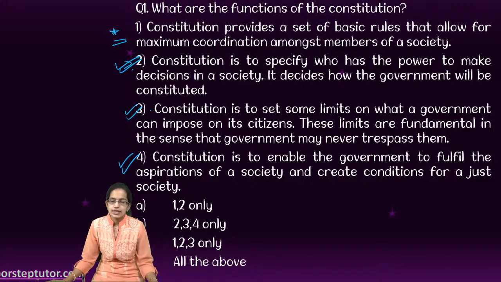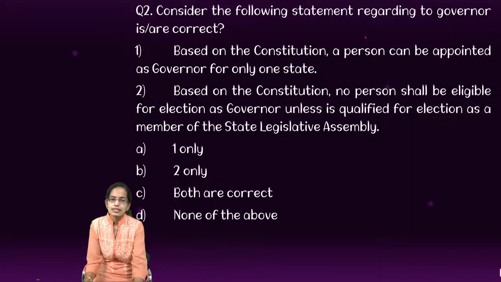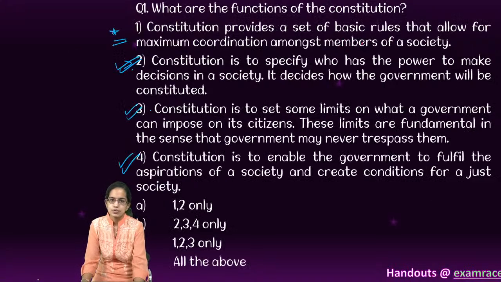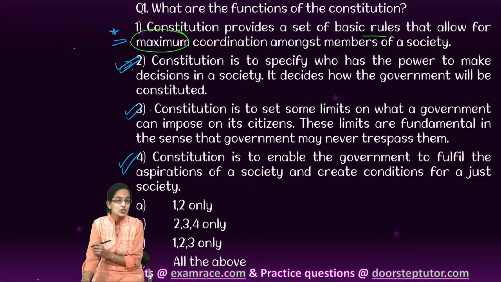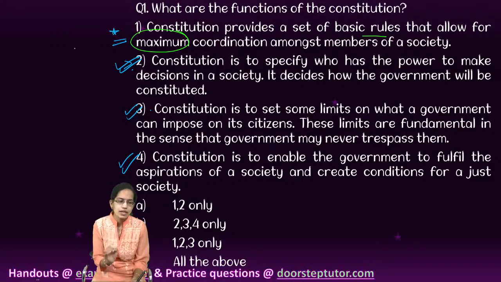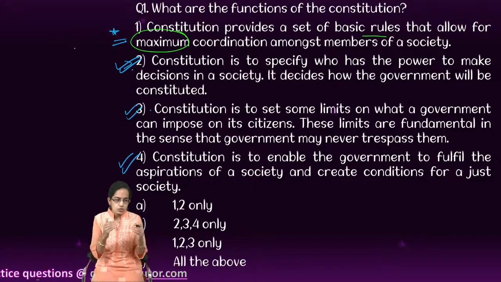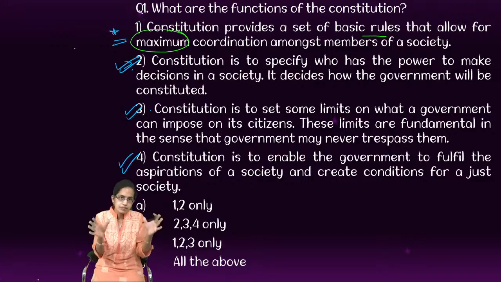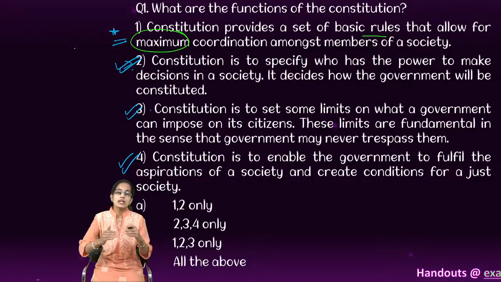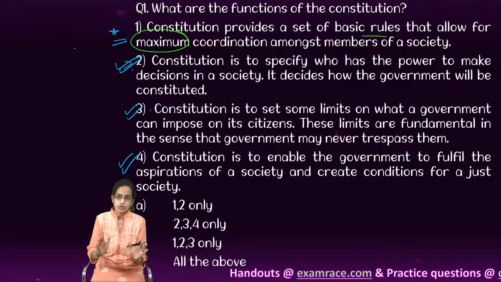Now the thing is, the Constitution provides a basic set of rules that allows minimum coordination among the members of the society. It's not maximum, it's the minimal coordination. Why does it say minimal? Because the rules set by the Constitution are the minimum number of rules that would help in governance.